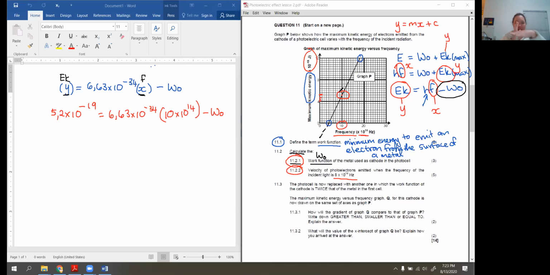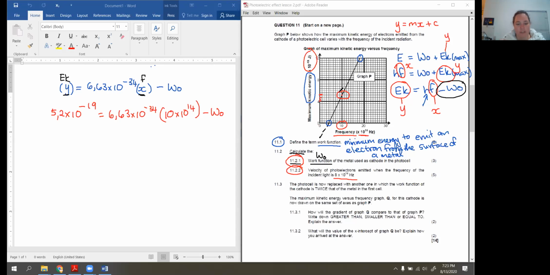But make sure that you choose one that looks like it really goes through the corner of two points, so that you get an exact value. So 5.2 times 10 to the minus 19, minus, use brackets, 6.63 times 10 to the negative 34 times 10 times 10 to the 14.